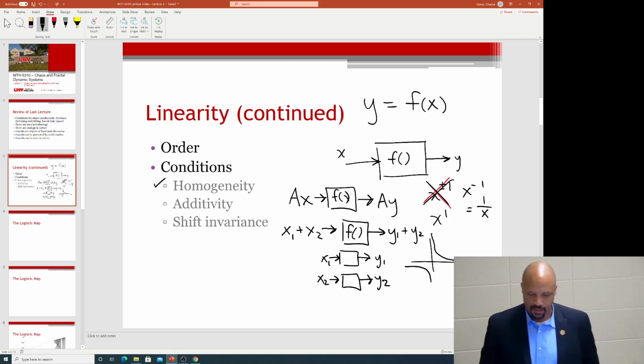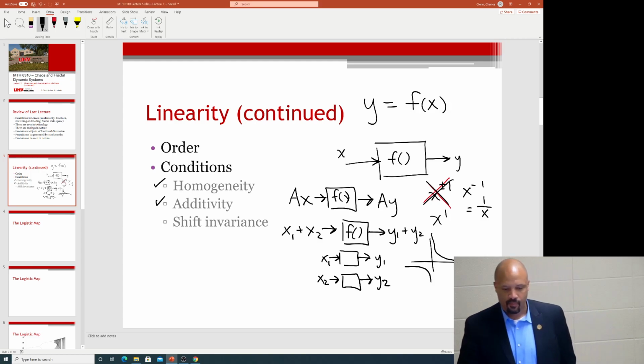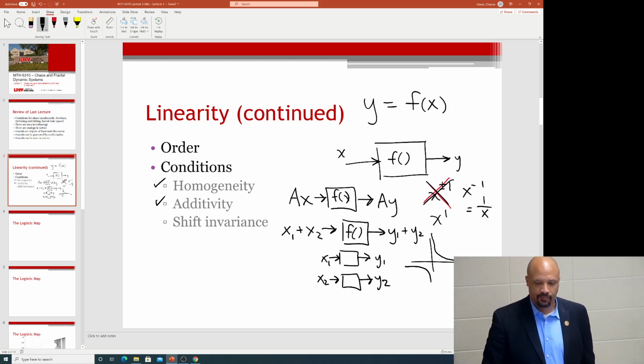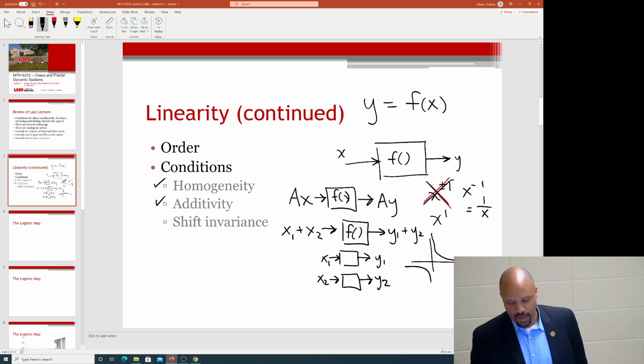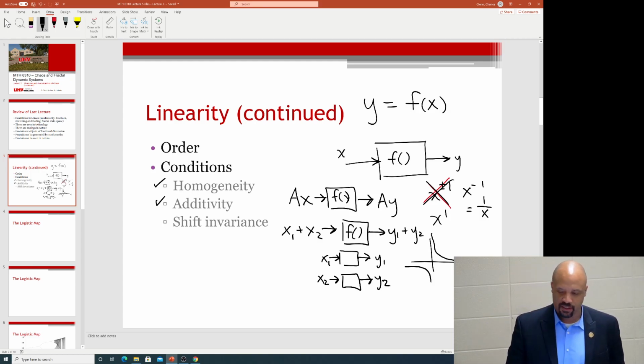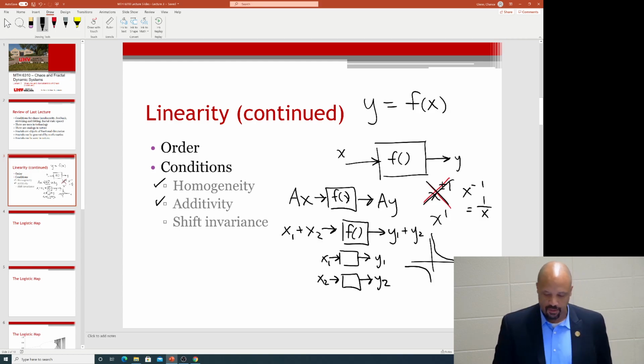Okay? That's this additivity condition. You can go back to some of the equations, expressions I gave you on your homework and do this and prove to yourself that this is correct.